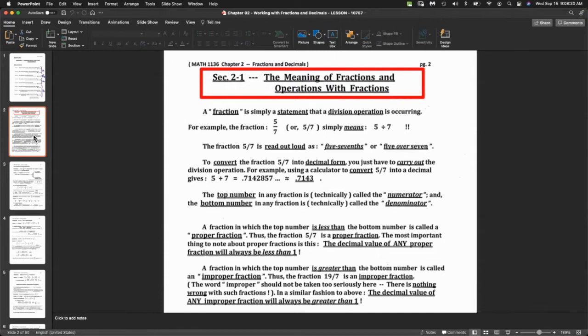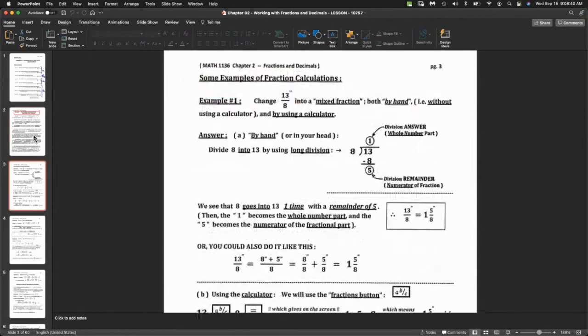The author of the book does a very excellent job of walking you through how you actually deal with long division and how you can convert from proper to improper. I'll do all of this in the exercises, and the way that I show you might differ a little from the author, so at least you have two different perspectives on how to do things.